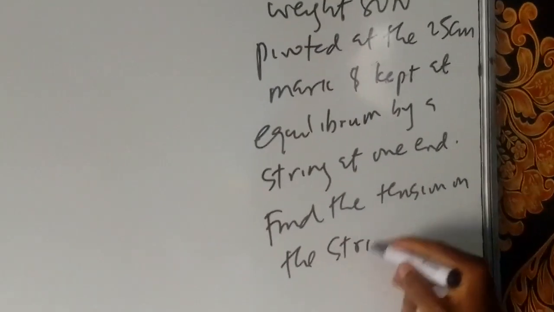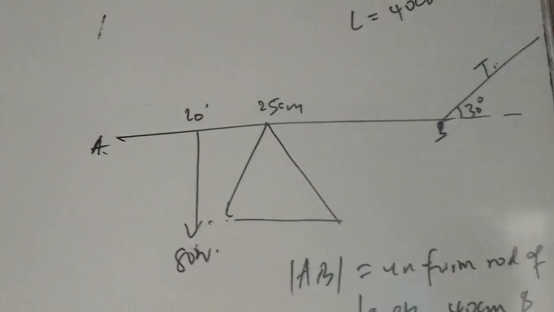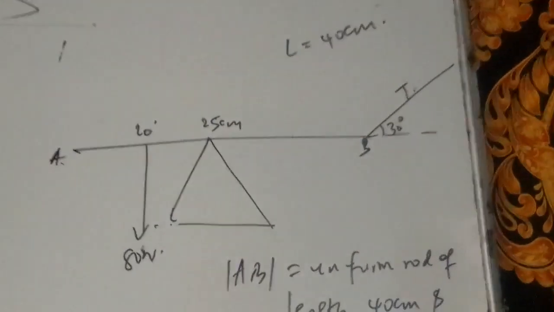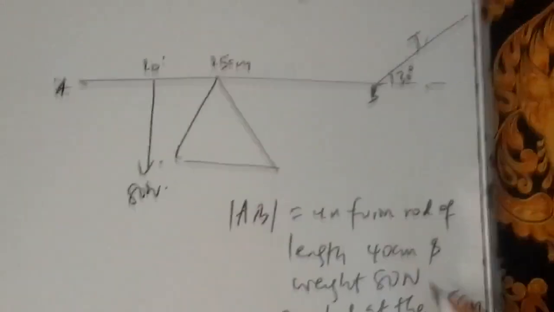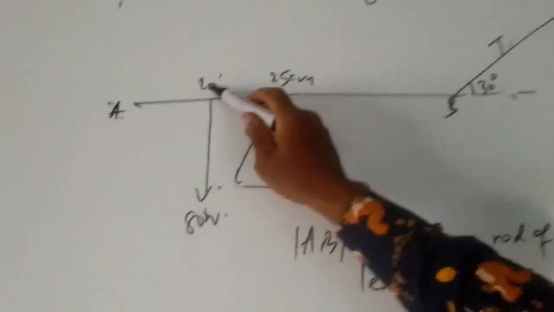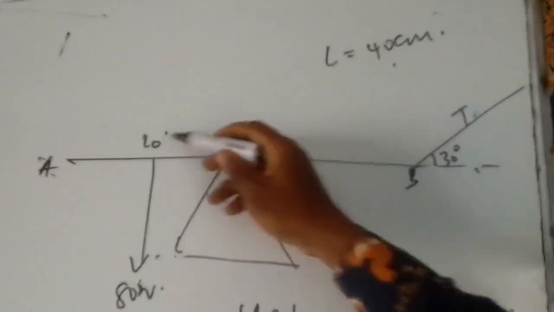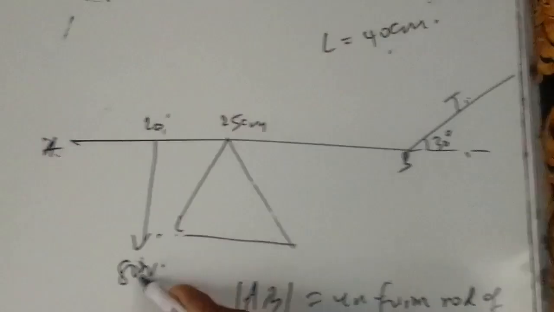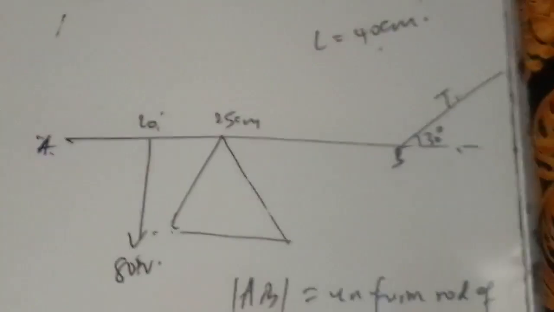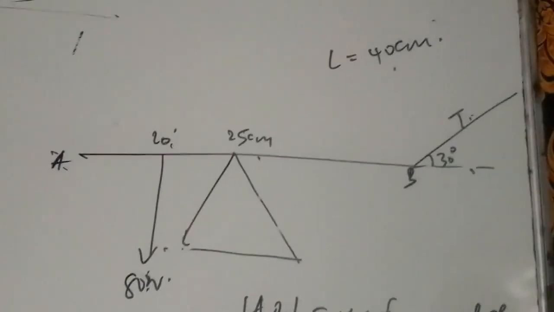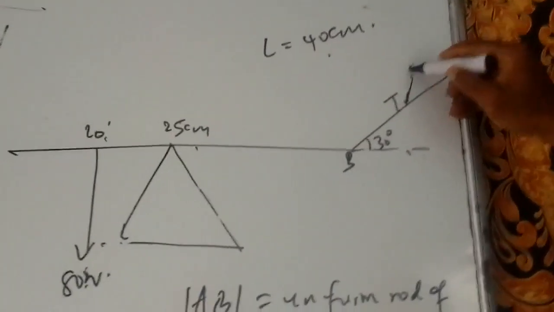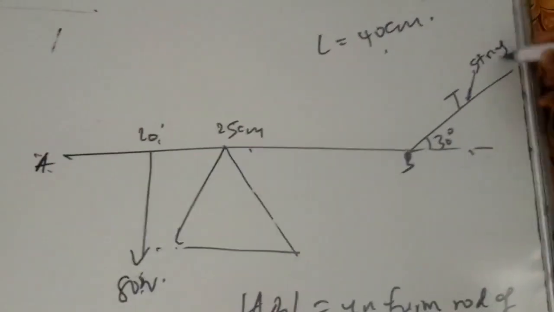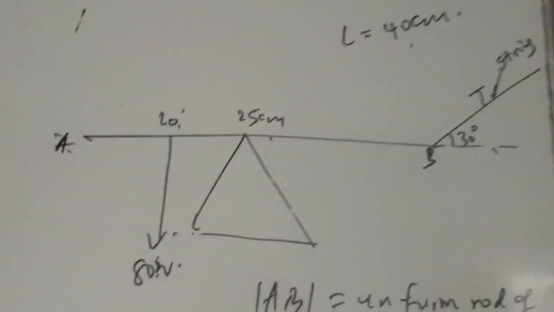So look at the question again. This is a rod AB of length 40 cm. In the diagram, the weight is added at the center of gravity, which is half of 40, 20, which is here. The weight is 80 Newton. We pivot at the 25 cm mark, and we have a string here at the end. We are now asked to find the tension on the string.